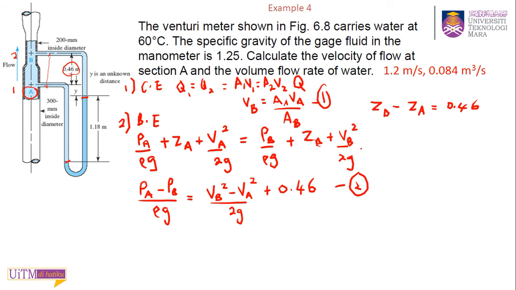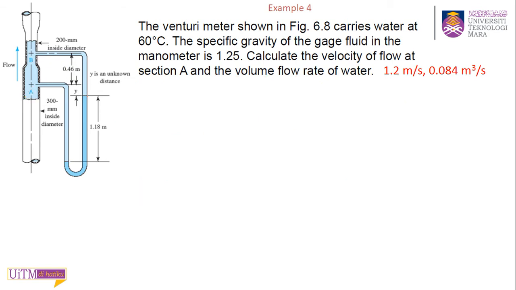So the third step is to write your manometer analysis at point 1 and point 2. Okay, let's start at point A. So PA plus, you point at here and you go to here and you go down.